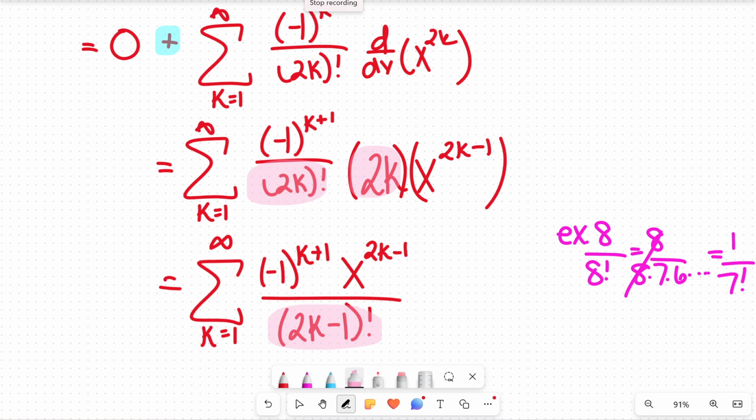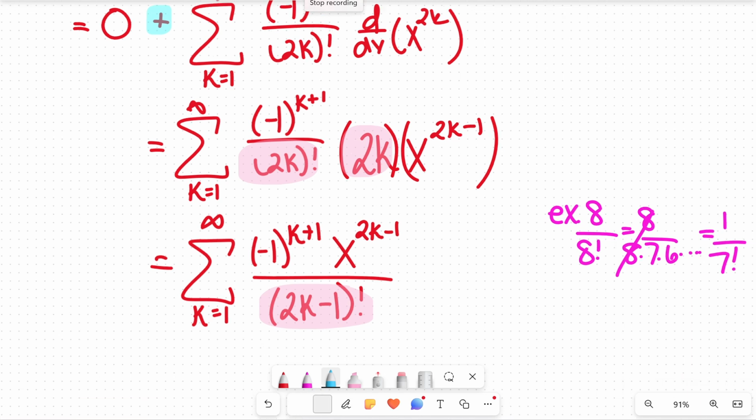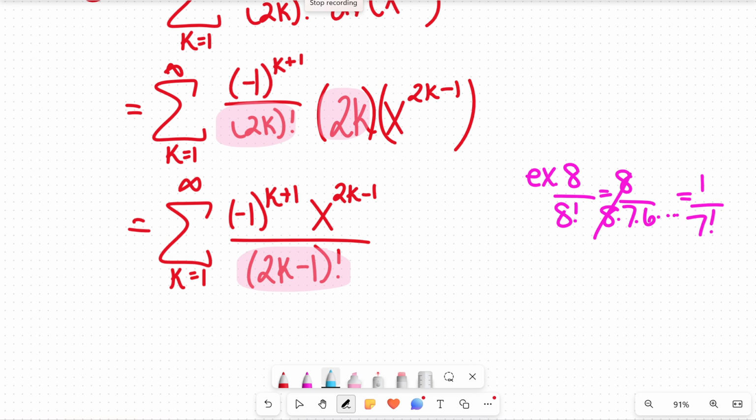Now I want to go back to where I said we can't start this summation at 0 quite yet. And I want to show you why. This is why we took out our first term. If I say, let's just say, if k equals 0, in this current summation, I'm going to have negative 1 to the 0 plus 1 power, and then I'm going to have x to the negative 1 power all over 2 times 1 minus 1 factorial.